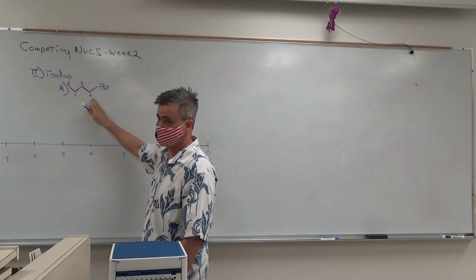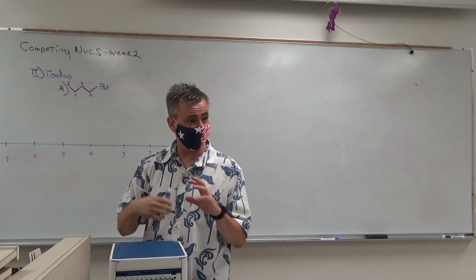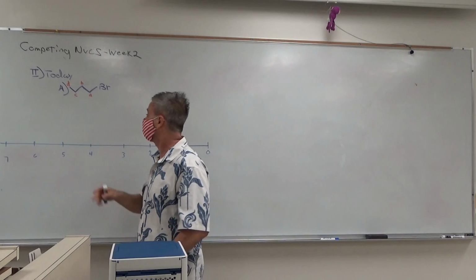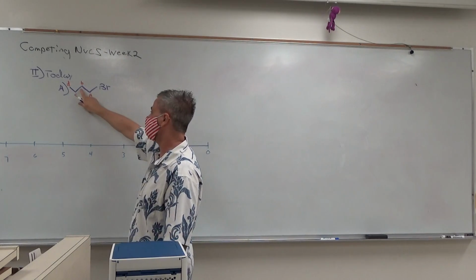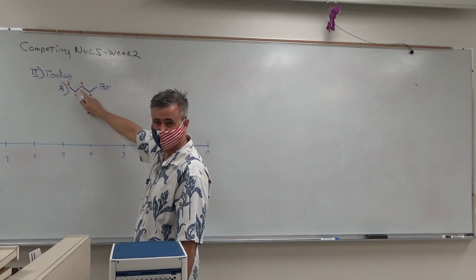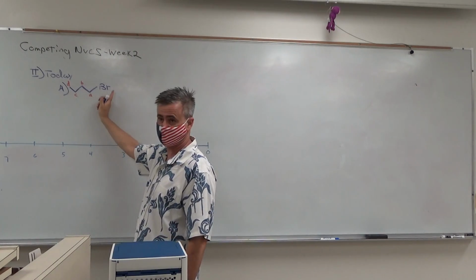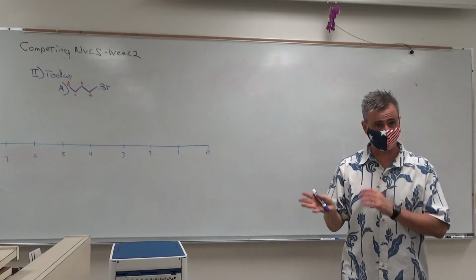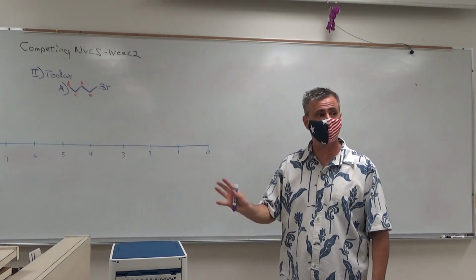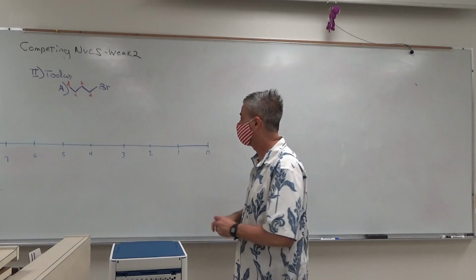Yes, there's an electronegative thing on the chain, but electronegativity effects fall off really quickly. So A feels the electronegativity. B kind of feels something, but not much. C doesn't really feel that much, hardly at all. The inductive effect, the effect through sigma bonds, falls off quickly.